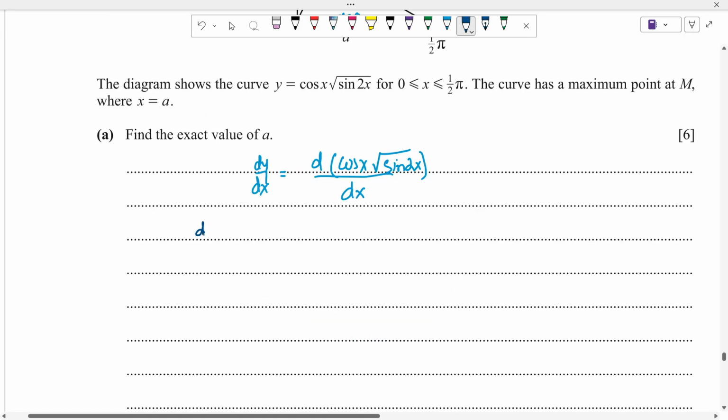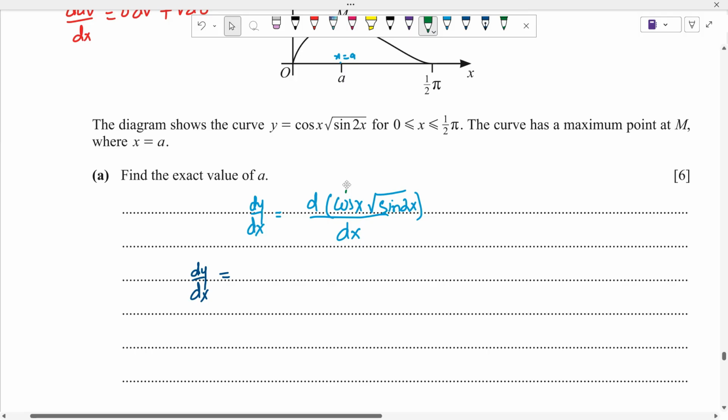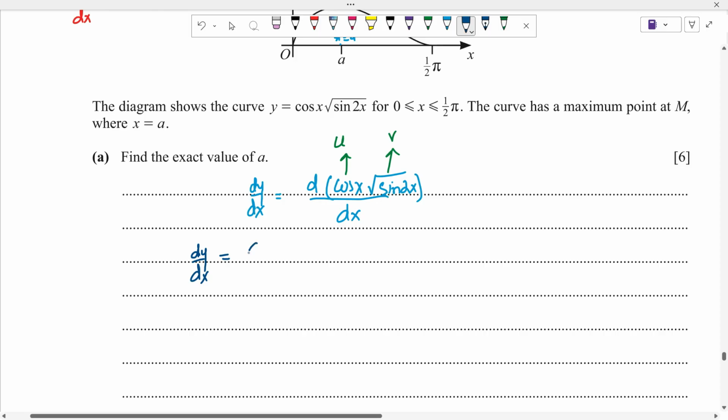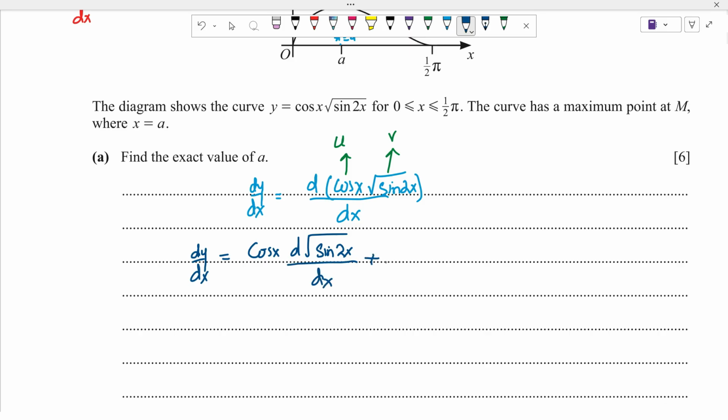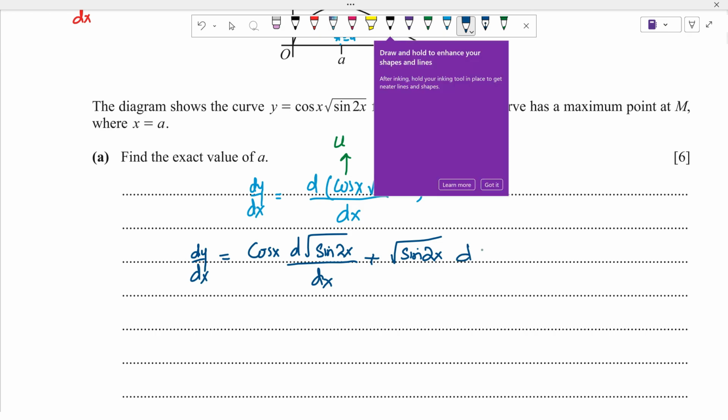Let's apply it. dy over dx is equal to, in this case cos of x is u and the square root of sine of 2x is v. So u, cos of x, times the derivative of the square root of sine of 2x with respect to x, plus the square root of sine of 2x times the derivative of cos of x.